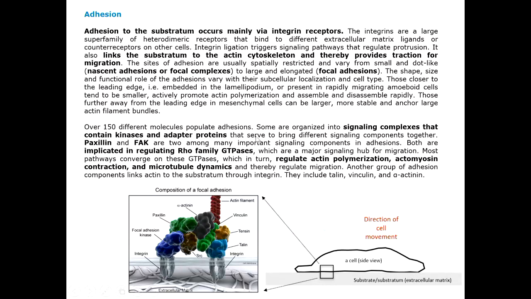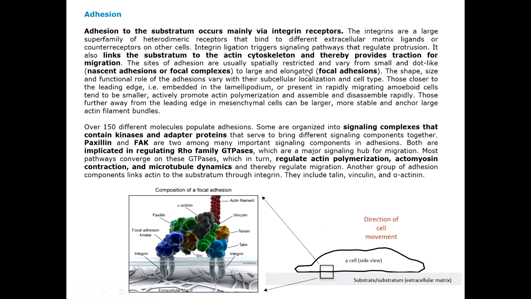So if we look at the parts that are bolded up here, adhesion to the substratum occurs mainly via integrin receptors. And this is some detail about what integrins are and how they work. Basically, they link the substratum, the outside of the cell, to the actin cytoskeleton, the inside of the cell, and provide the traction for migration.